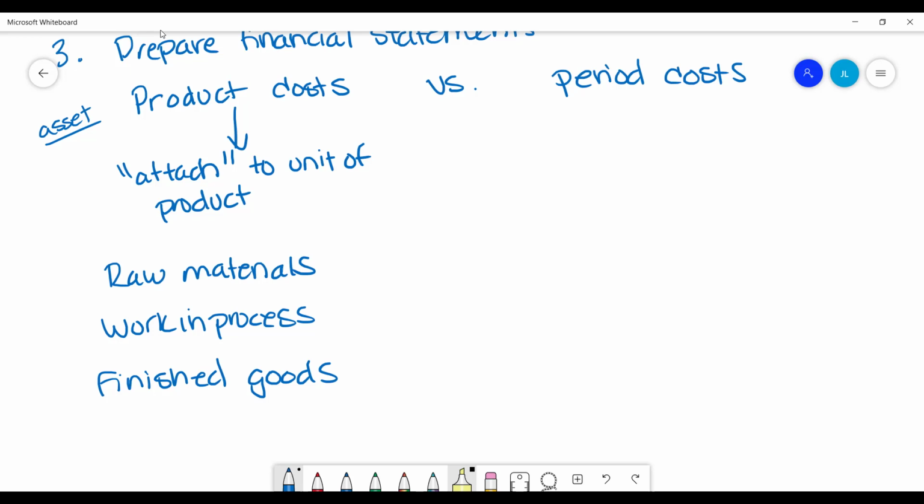They just represent inventory costs at different stages of the manufacturing process. So these are all asset accounts, because remember, inventory is an asset. Again, product costs are manufacturing costs. So raw materials, that's just any material, whether it's direct or indirect materials, any material that goes into the final product.